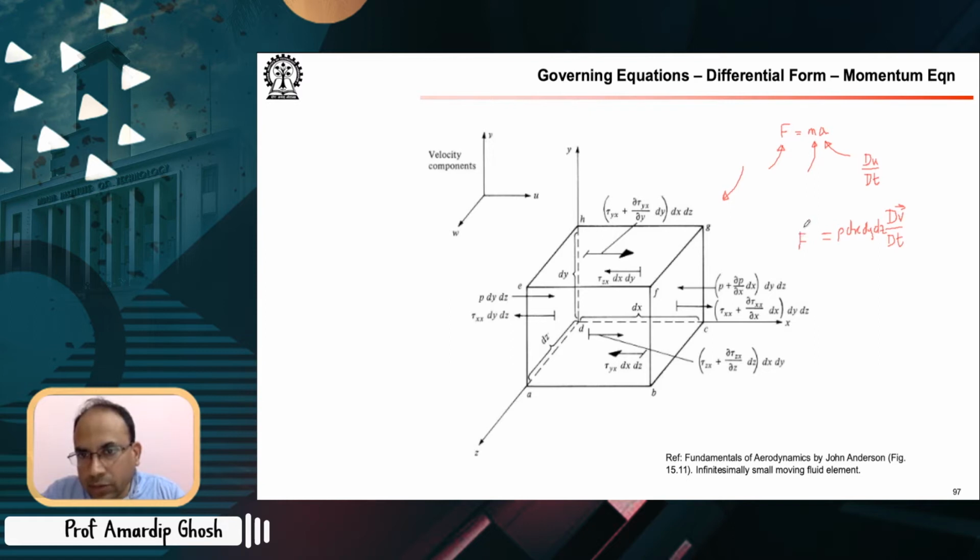Okay, so the vector force acting, which is the net of all the forces acting on this elementary chunk of fluid, is comprised of body forces and surface forces. Surface forces are comprised of the normal forces and the shear forces. So all those things are there, but you can also just write it for the x component.